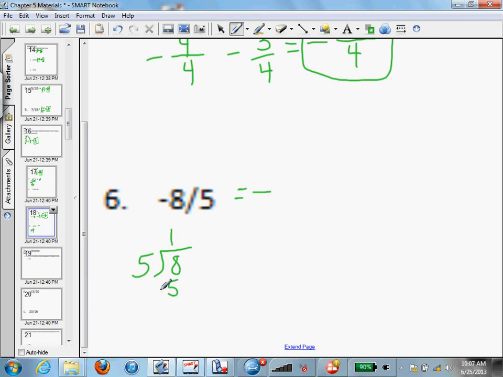It will go in 1 time. When we subtract these, we get a remainder of 3. So using this piece of information, we want to see how many times it went in fully, which was 1. Have the remainder written as a fraction, with the remainder being the numerator, and the original denominator being the denominator in the answer.